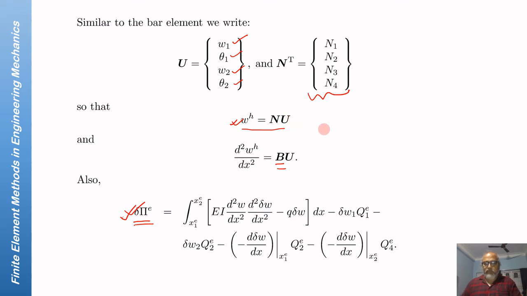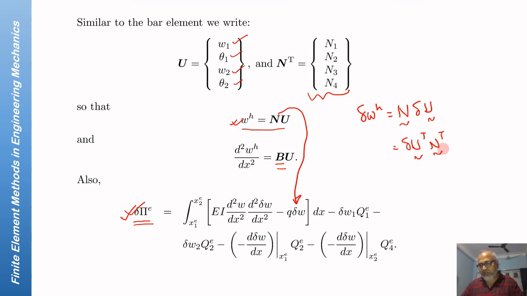Okay, now what remains is you plug in this discretization here. So del WH is n del U, and you may want to write it as del U transpose n transpose as well.